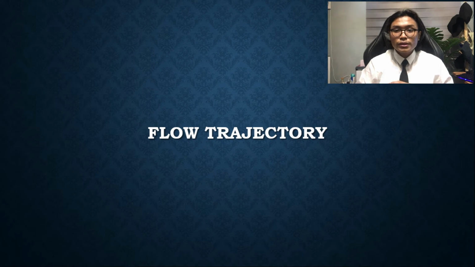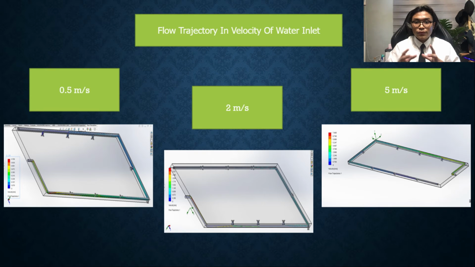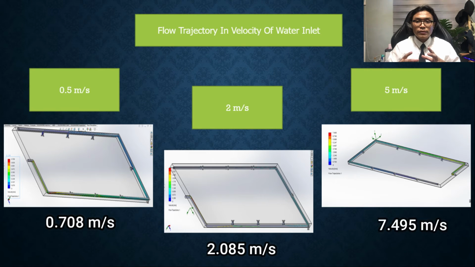So we go through the result of flow trajectories. For flow trajectories in velocity of water inlet, for 0.5 I got 0.708 meters per second. For 2 meters per second, I got 2.085 meters per second. And lastly, for 5 meters per second, I got 7.495 meters per second.